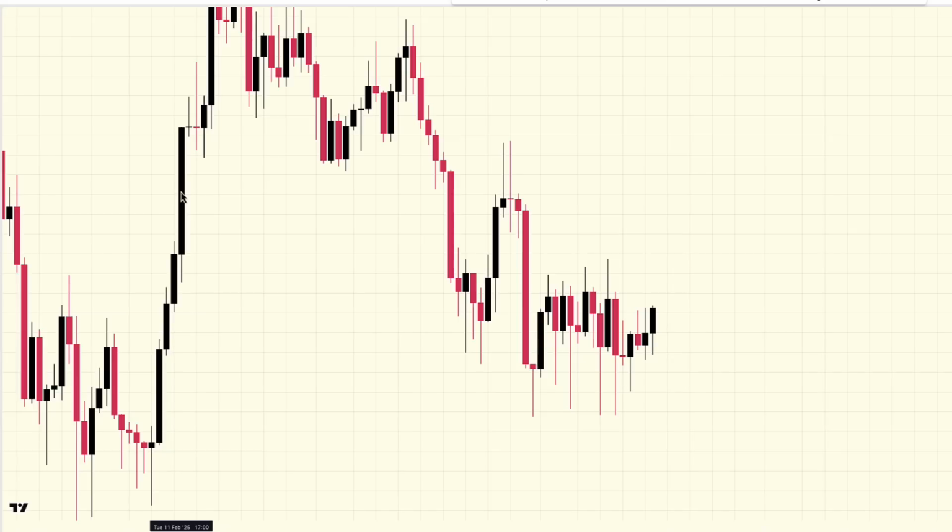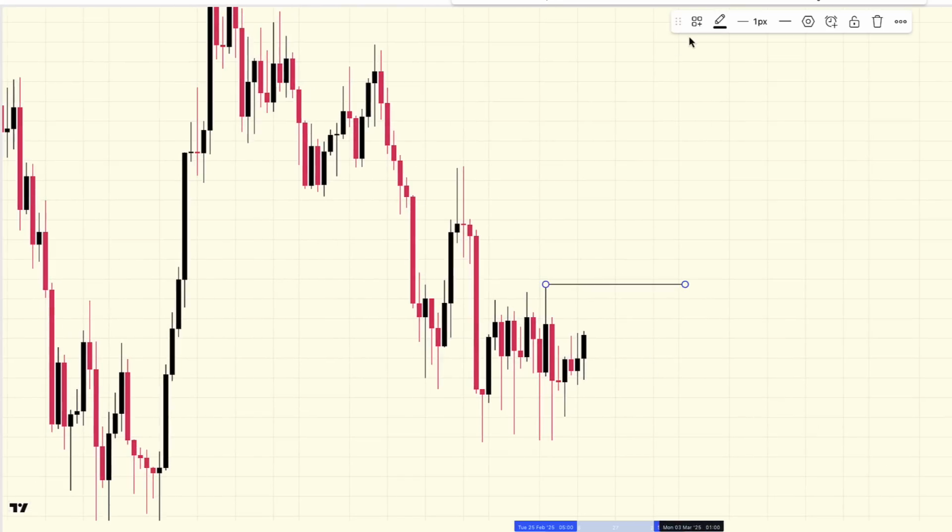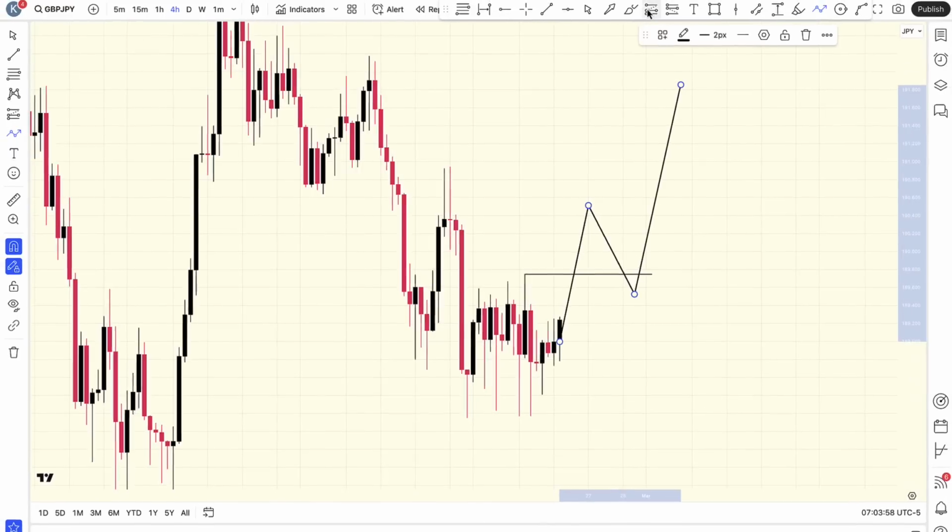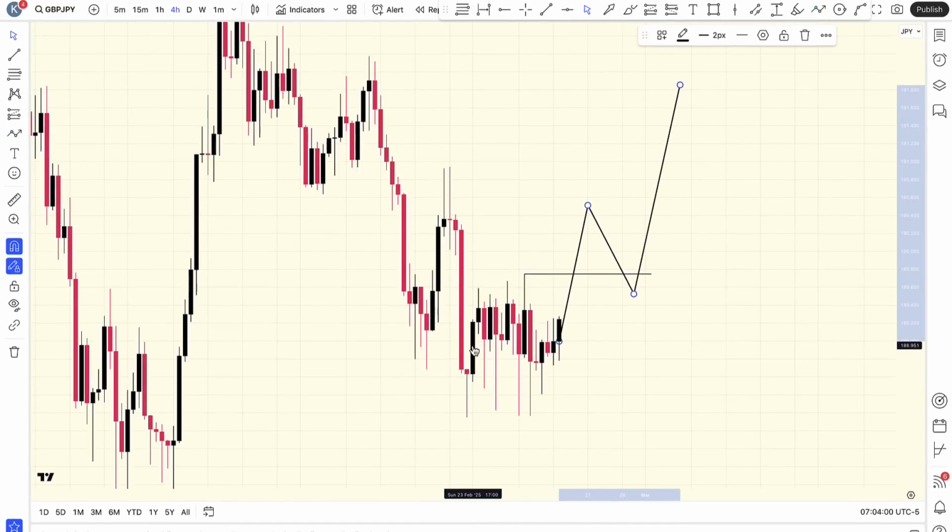Remember, I said for an intraday trader. Now look at this. We have a lower high here, which is our point of market structure shift. Until price closes above this, we are not yet bullish. The trend is still bearish.